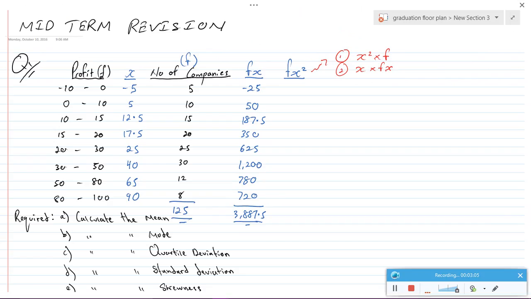But I used to tell you which way is better. Second one is easier, x times Fx, because you already have both values, just times. Yeah, correct. So you become positive, right? Remember?